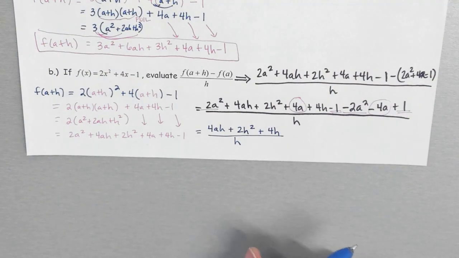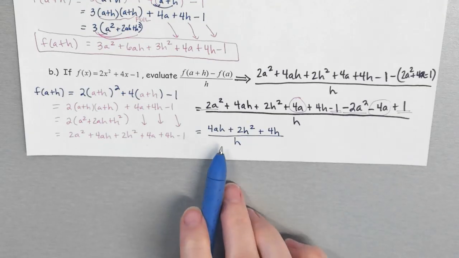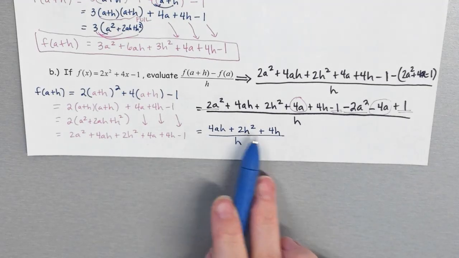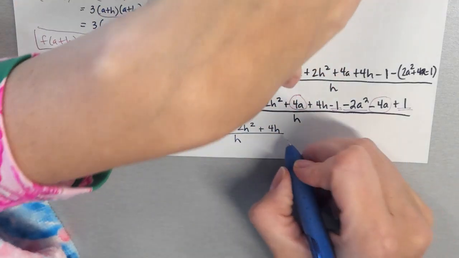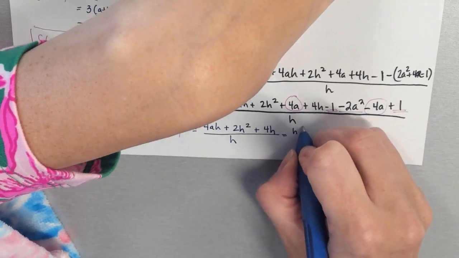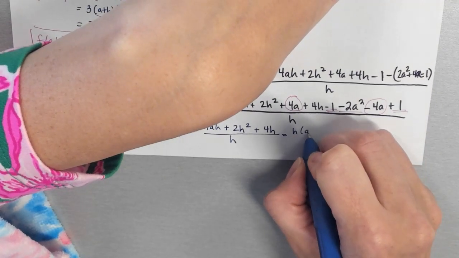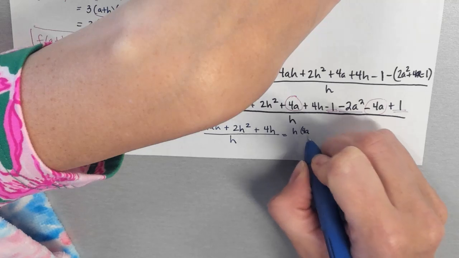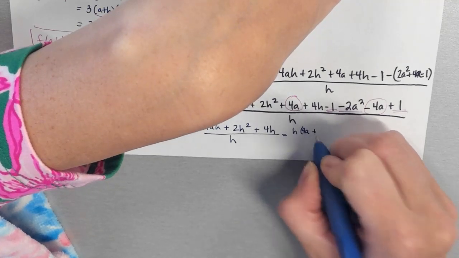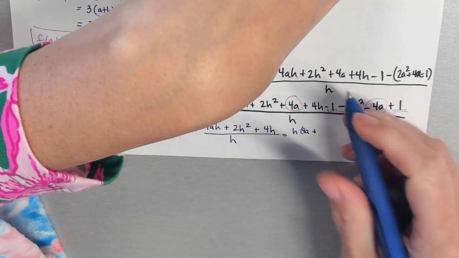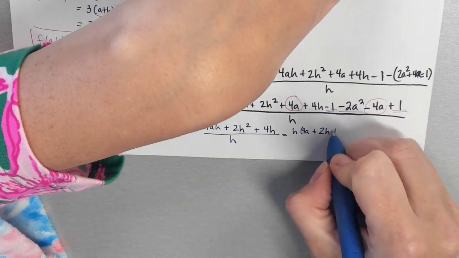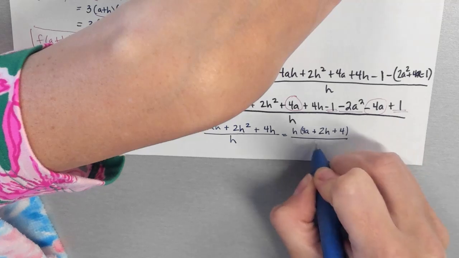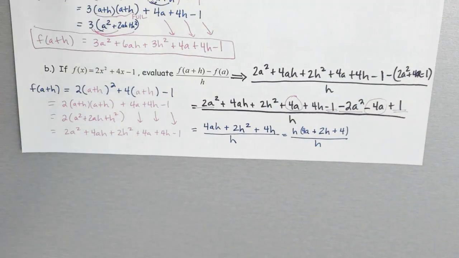Okay, so then at this point, you might notice there's an h in every single one of these. And so what we're going to do is we are going to factor out the h. So we have 4a plus, if we factor an h out, you would just have 2h. We factor an h out here, you'd have plus 4 over h.